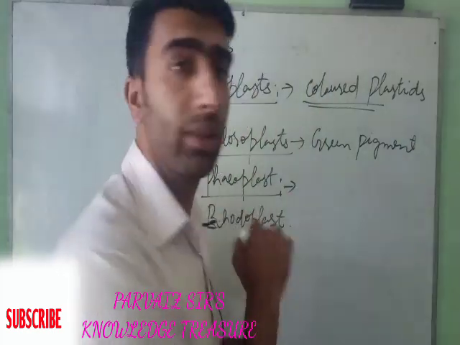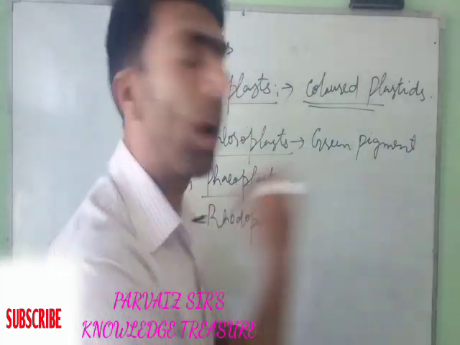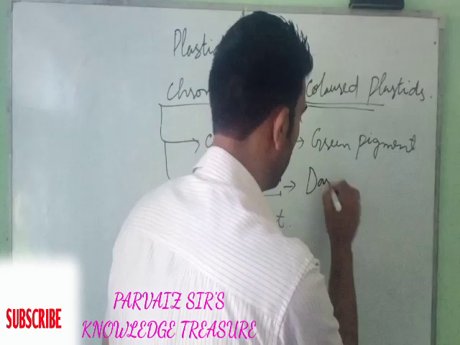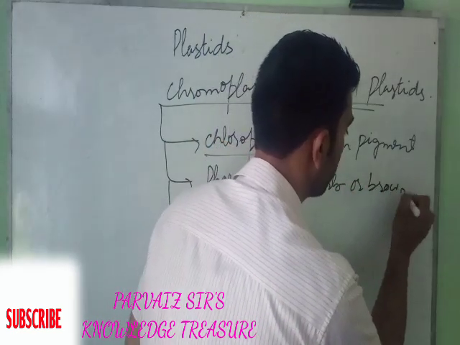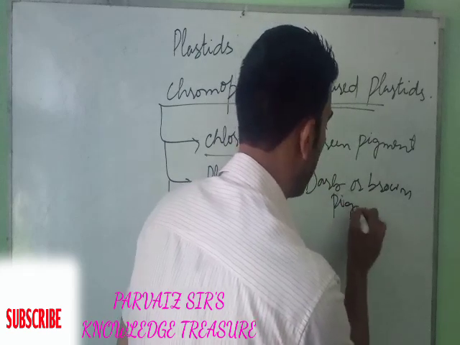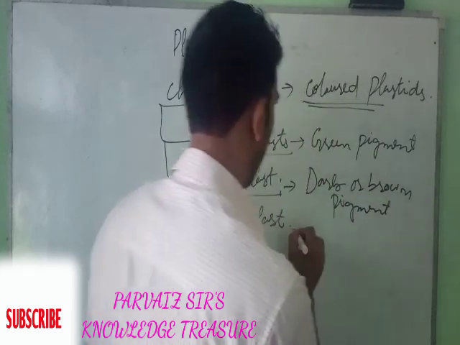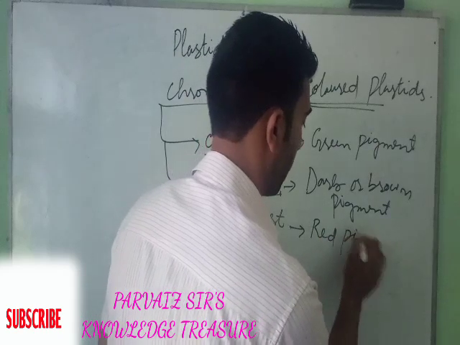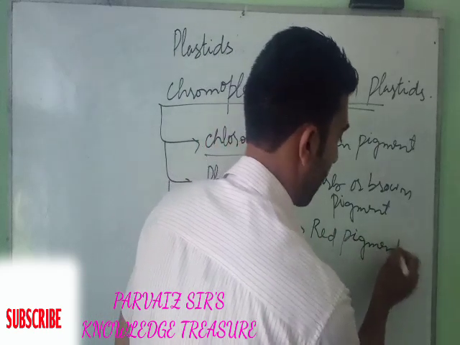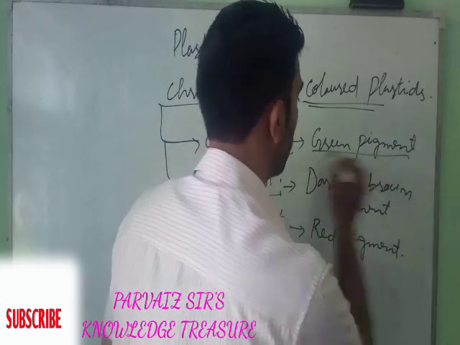Pheoplast contains dark or brown pigment. And rhodoplast contains red pigment. Now we will discuss one by one.